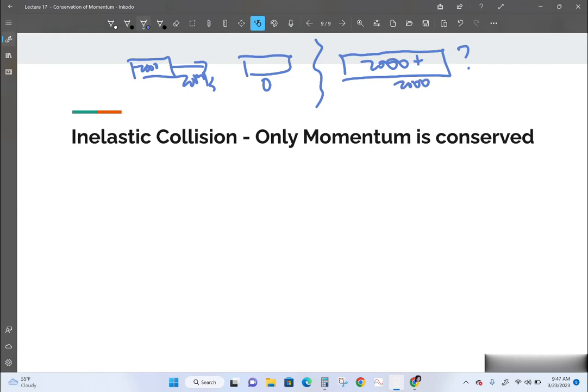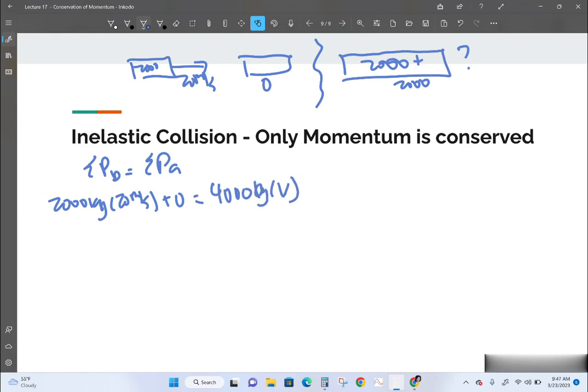If they stick together and they keep moving, in order for momentum before to equal momentum after, the 2,000 kilogram times 20 meters per second plus 0 has to be equal to 4,000 kilograms times V. If we do our math, V is going to be equal to 10 meters per second. So we know that these are going to move off at 10 meters per second.